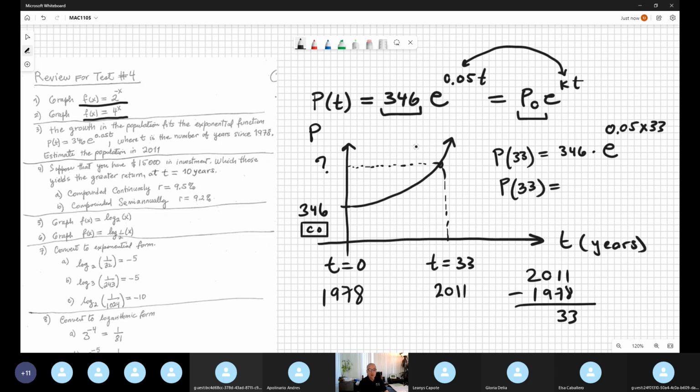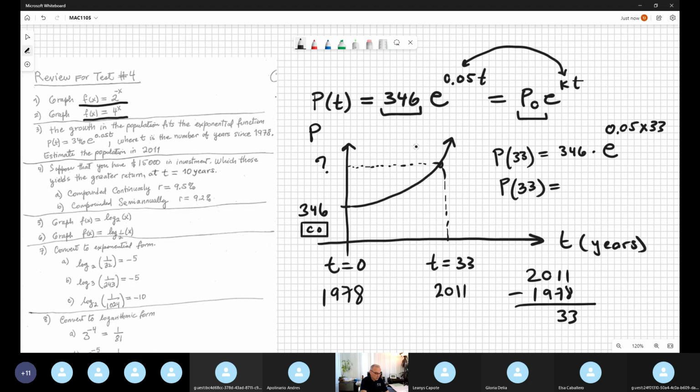Entonces, when it is population, you truncate or round off to the nearest whole number, no decimal, because it's supposed to be a person, it's a physical thing. So everyone working in the calculator, you put 346 times the exponential function.